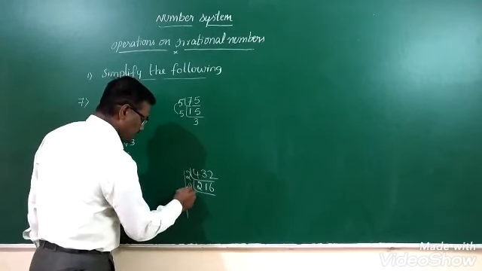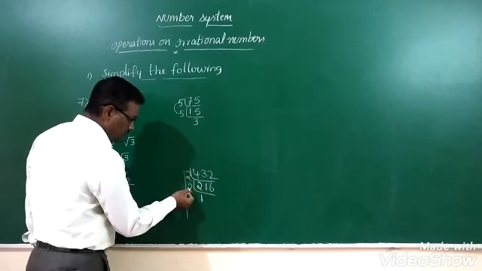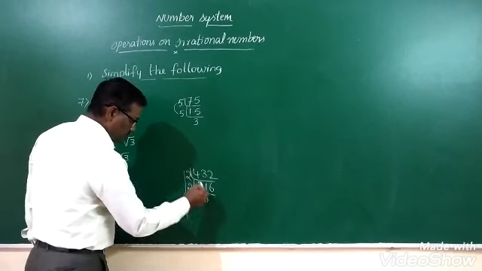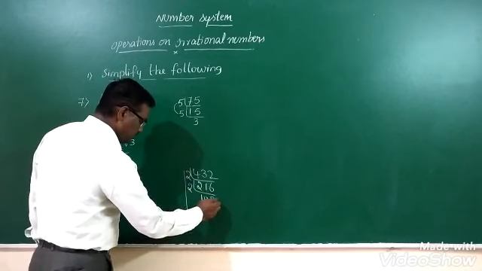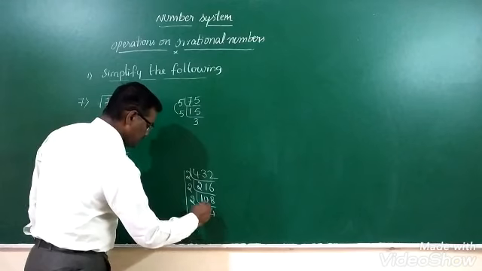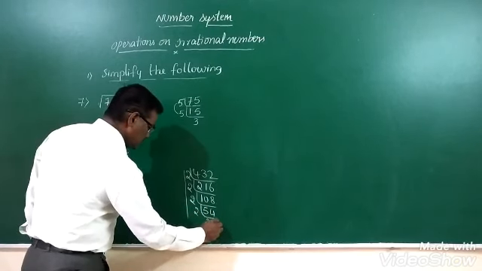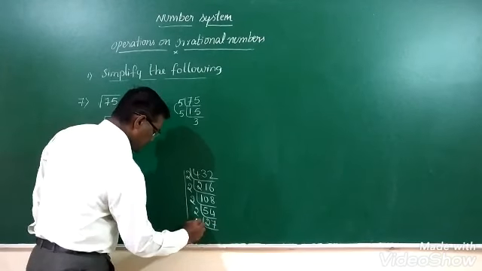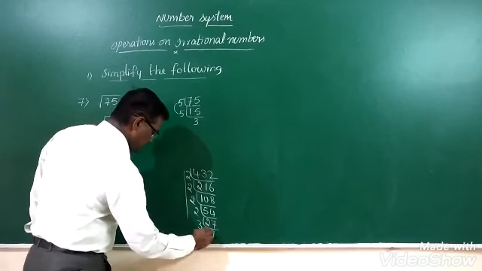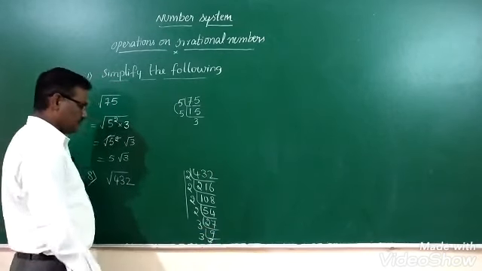Again we continue, 2 1 is 2, 1 is not divisible by 2, put 0. Here 16 now, 2 8s are 16. Again 2 5s are 10, 2 4s are 8. Again 2 2s are 4, 2 7s are 14. Again 3 9s are 27, again 3.